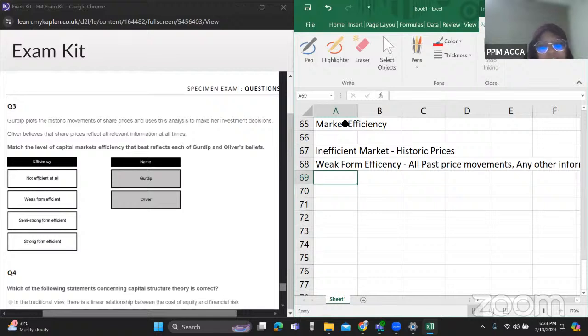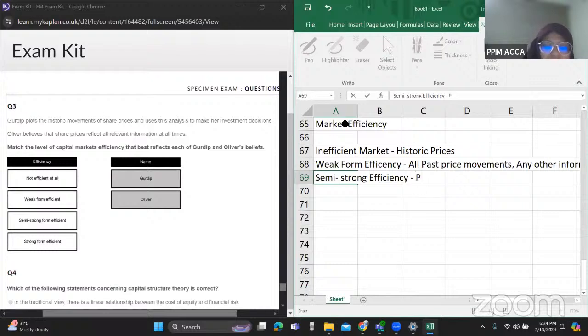Then we have the third type of market called a semi-strong form market. Semi-strong form efficiency. What this means is we reflect all past price movements and we also reflect all publicly available information. Let's say something was released in the news. Let's say one of their factories caught fire and the company themselves didn't come and say anything, but this information was released in the news and as a result, share prices came down.